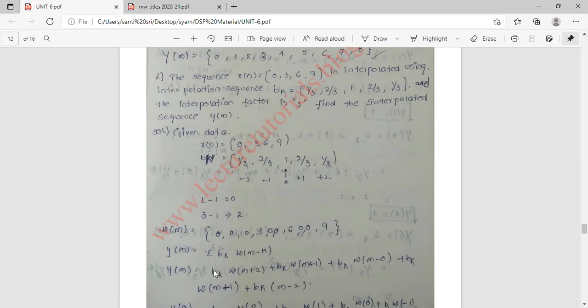So it is bk into w of m minus of minus 2, that is plus 2, plus bk into w of m plus 1, plus bk into w of m minus 0, plus bk into w of m minus 1, plus bk into w of m minus 2, right?